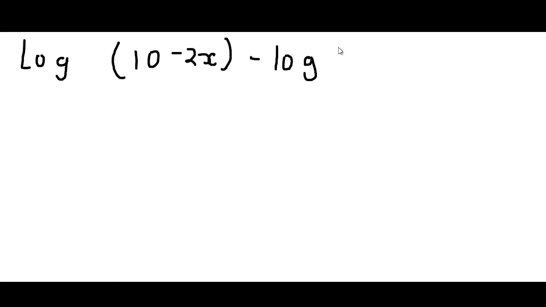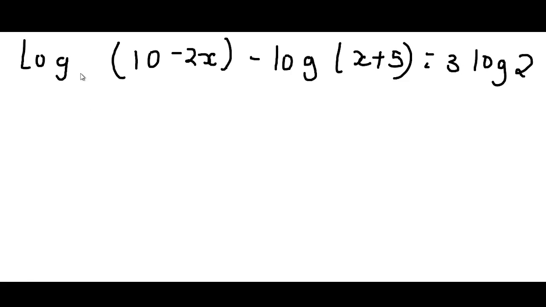Let's try another example. So you've been given log of 10 minus 2x, minus log of x plus 5, equals 3 log 2. So you can see that this is subtraction, so it means that we have to divide.